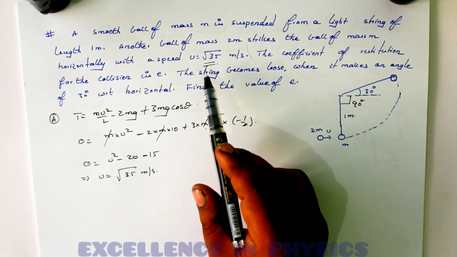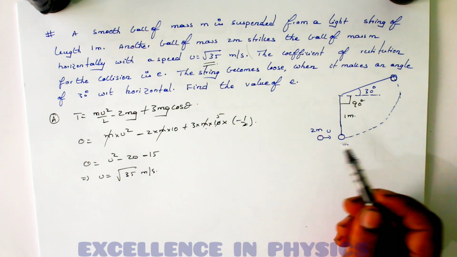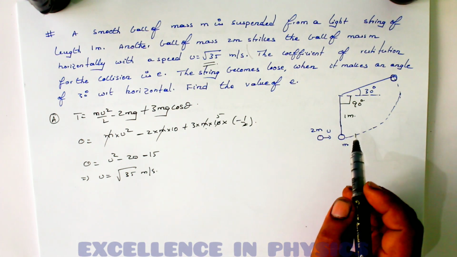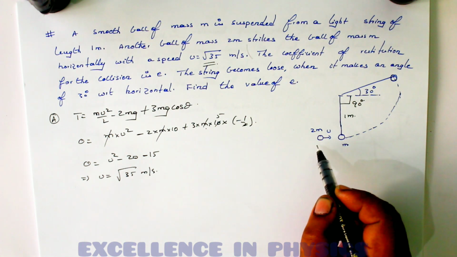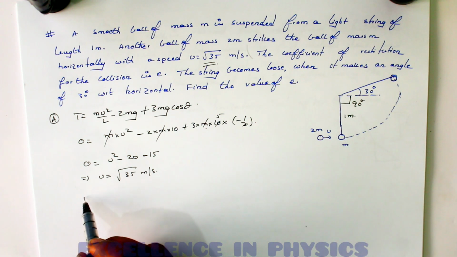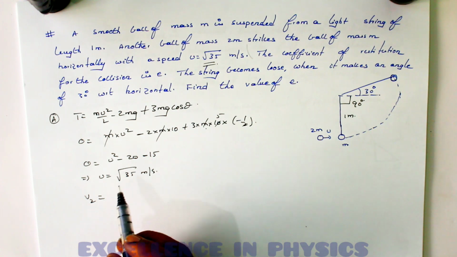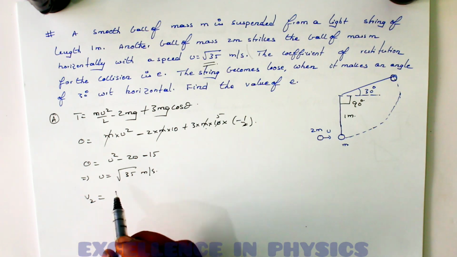But the velocity of the first ball is also root 35, but its mass is 2m. So I can calculate the coefficient of restitution if I can calculate the final velocity of the second ball. Here in the collision, this is my first ball and this is my second ball. For the final velocity of the second ball after collision, we have already discussed the equation for elastic collision.